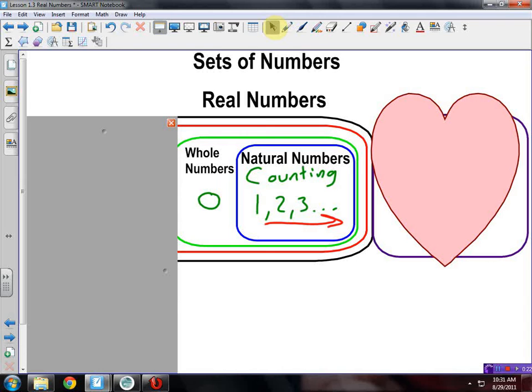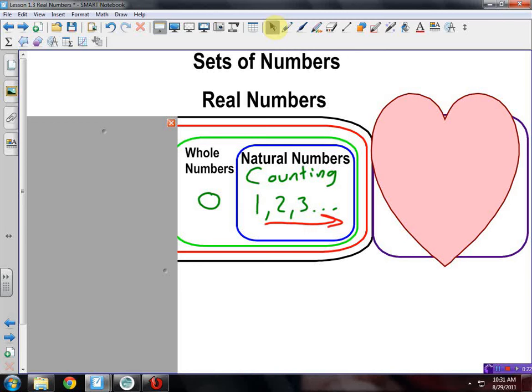And it's weird to think about, but when these people were first dealing with numbers, they didn't consider 0 a number. Right? You either had 1 or you didn't talk about it. Right? So 0 came about after all the other numbers. Now if I look at the set of whole numbers, which is in green, you see how the set of natural numbers, which is in blue, is inside of the green box? So what does that mean?